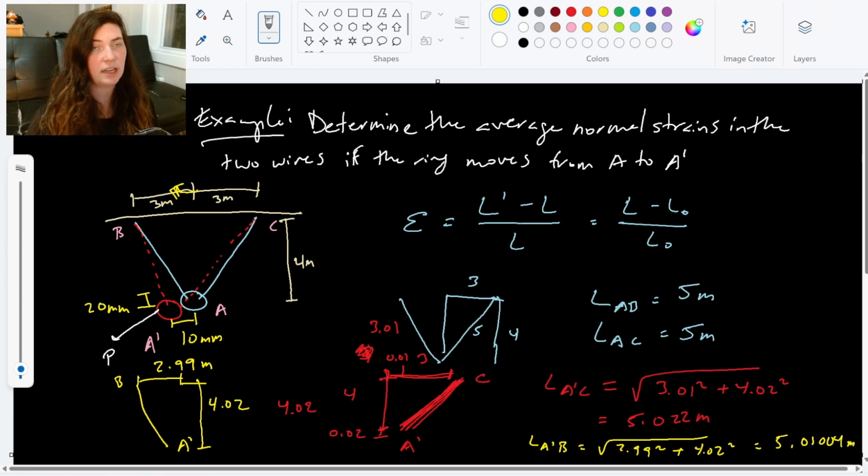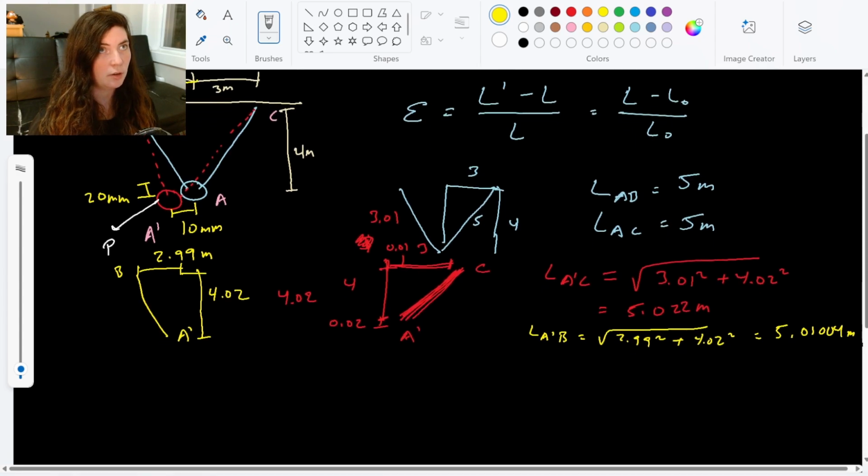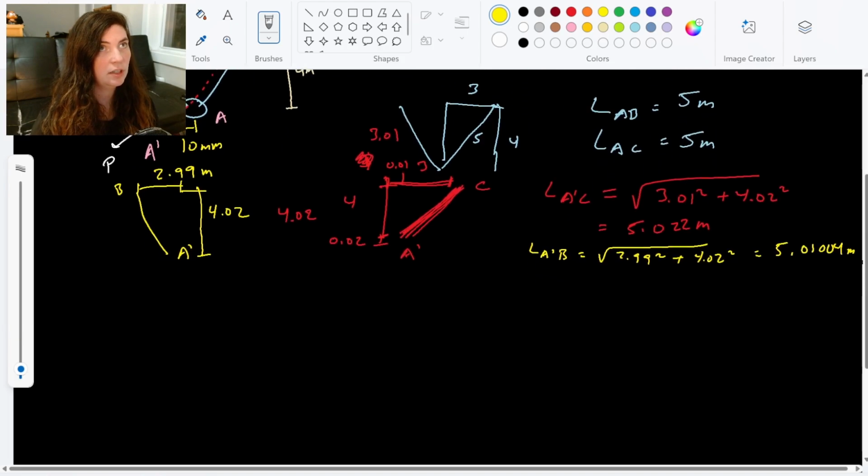So now I have all the ingredients, I just gotta stick them in the pot and cook them. So let's go ahead and plug those into our equation. I'll write my equation down here again. So for my strain of AB, it's that new length minus old length, right? So in this case, it's going to be the length of A prime B minus length of AB, over length of AB.